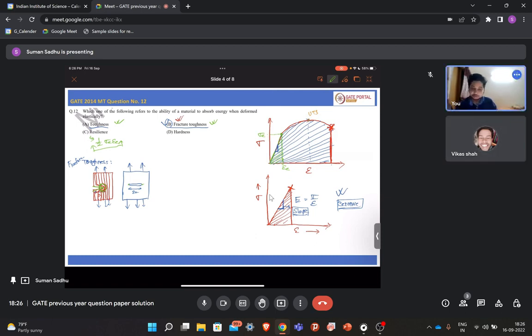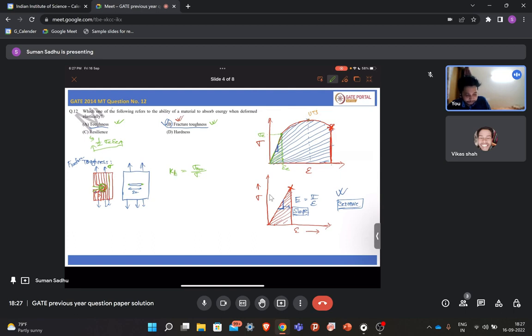So let's say this is your applied stress sigma. Here it will be something else, and near the tip it will be some high value. That is given by the stress concentration factor Kt, that is sigma maximum, that means sigma near the tip, divided by sigma applied.